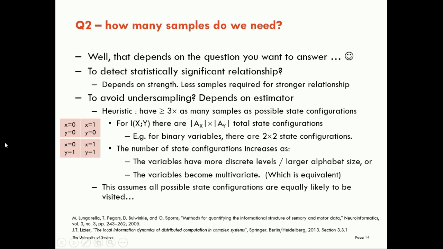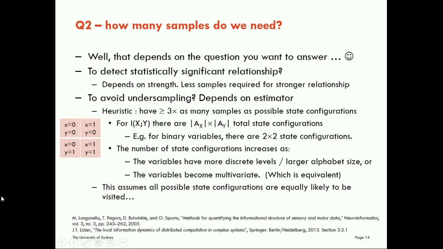We can understand very easily then that the number of state configurations increases as each of these variables have more discrete levels or a larger alphabet size. So here that would simply mean we would be starting to have more columns here for more discrete symbols for x, and more rows here for more discrete symbols for y.